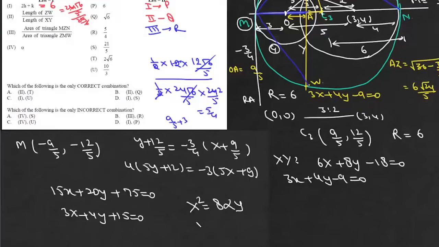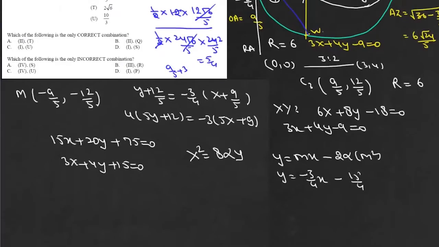Now for this parabola, equation of tangent is given by y equals mx minus am square, and a in this case is 2 alpha. So it will be 2 alpha m square. So if we express this equation, then it will be y equals minus 3 by 4x minus 15 by 4.